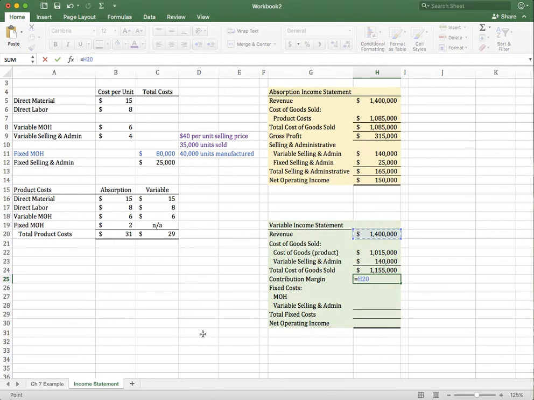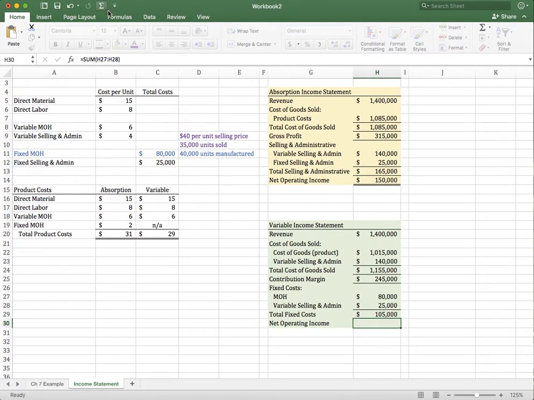Now, revenue less total cost of goods sold is not gross profit under variable, instead it's contribution margin. So let's take revenue subtracted by the total cost of goods sold, and our contribution margin is $245,000. Now, here are our fixed costs. Manufacturing overhead fixed is the $80,000, which was given, and fixed selling and admin is the $25,000, which was given.